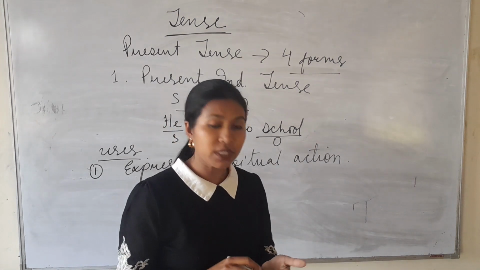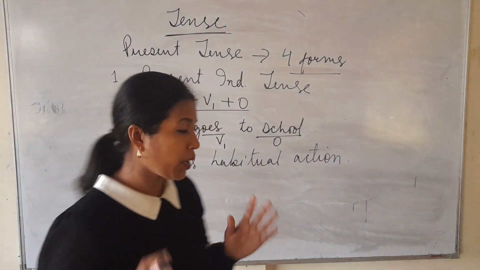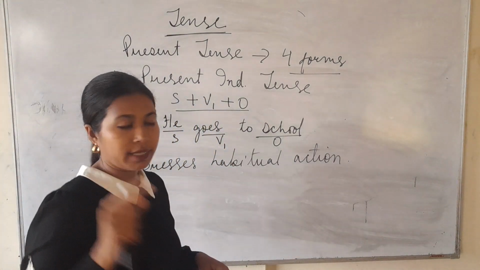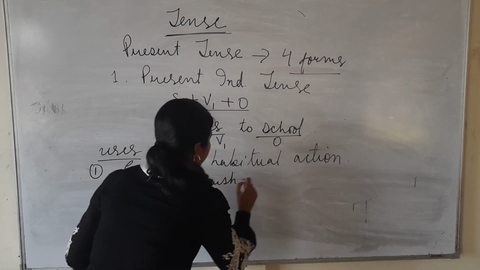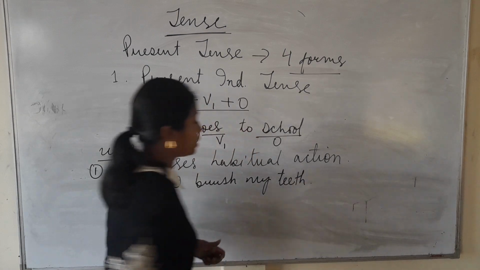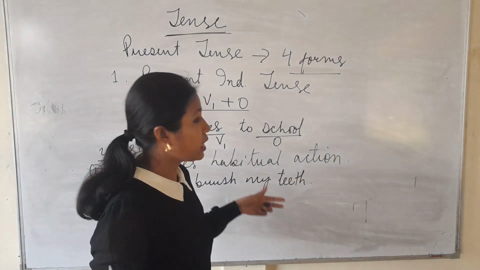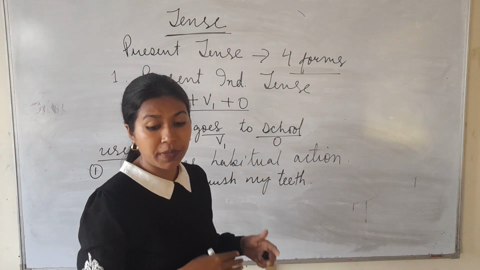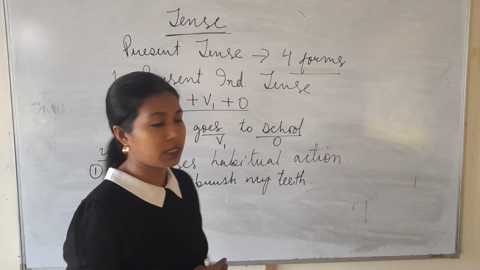This is not habitual. The sun rises in the east is known as universal truth. So we are talking about habitual action. Example: I brush my teeth. And most of these sentences will always take every day, everywhere. So this kind of words will be added, which will show you that this is present indefinite tense.